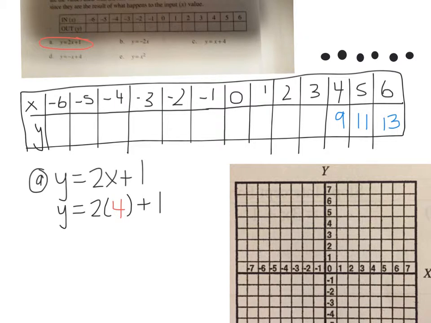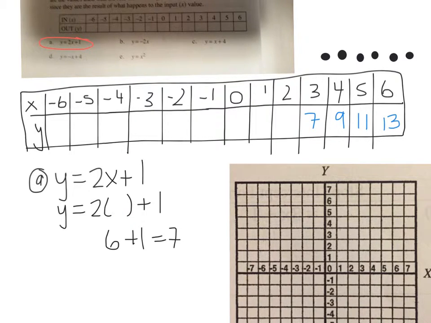What are we going to try next? 3. Y equals 2 times 3. That's 6. 6 plus 1 is 7. So if I put in a 3, a 7 comes out. Let's do a couple more.